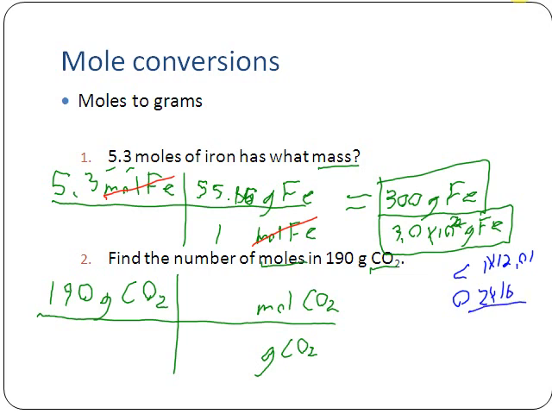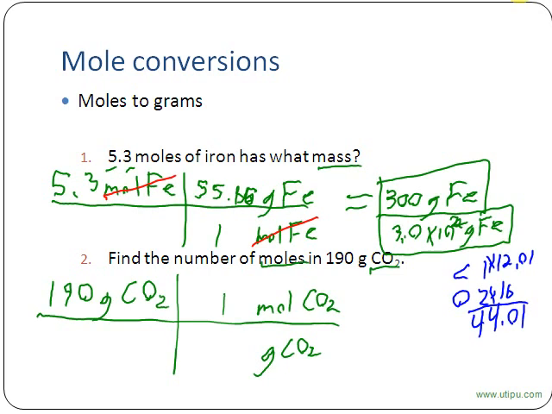So if we add those 2 up, we'd say 1 times 12 is obviously just 12, so 12.01 plus the mass of the oxygen, 2 times 16, that's 32. And so when doing this, we end up with 44.01. So that's going to be the mass in grams per mole of carbon dioxide. So we put in 44, whoops, that's not the right spot. Not moles per gram, it's grams per mole. And so this is how we're going to set that up.